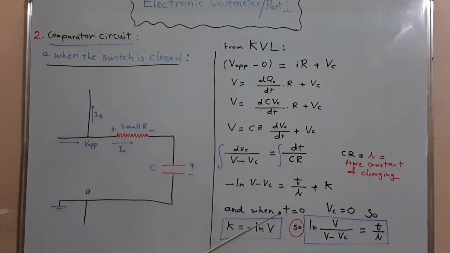When time is equal to 0, the potential difference between capacitor plates is equal to 0. So K will be equal to minus ln V. By putting this value in this equation, we get ln(V divided by (V minus Vc)) equal to t divided by gamma.